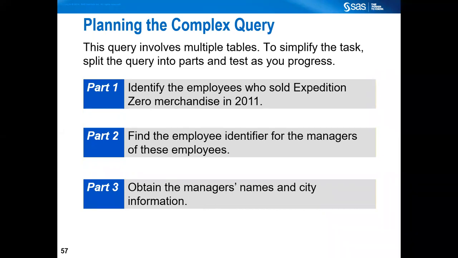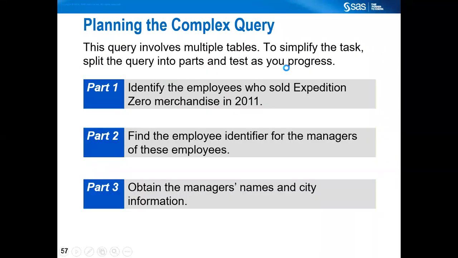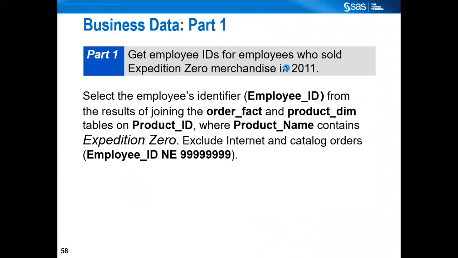So this is what we are going to do. First part is you want to find out the employee ID who has performed this sale for this product. Your product name is Expedition Zero Merchandise in the year 2011.